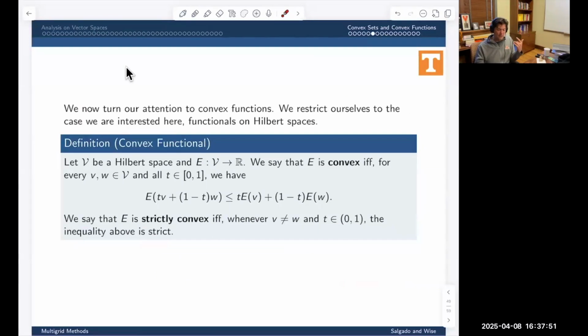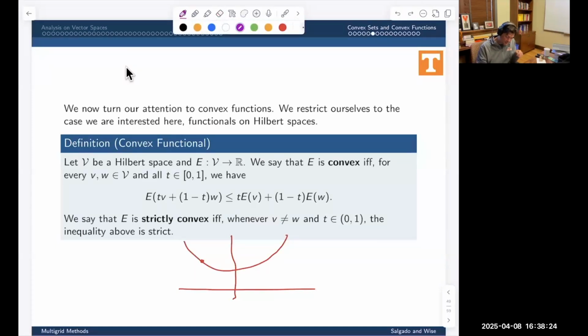We talked about strictly convex functionals last time, and then we did a couple of examples. Basically, the idea here is that for a function to be convex or strictly convex, and this one is only for functionals from a Hilbert space into the real line, what you do is you make an arbitrary secant line.